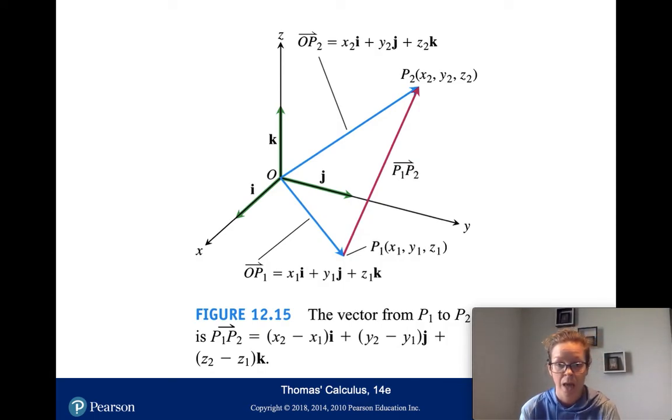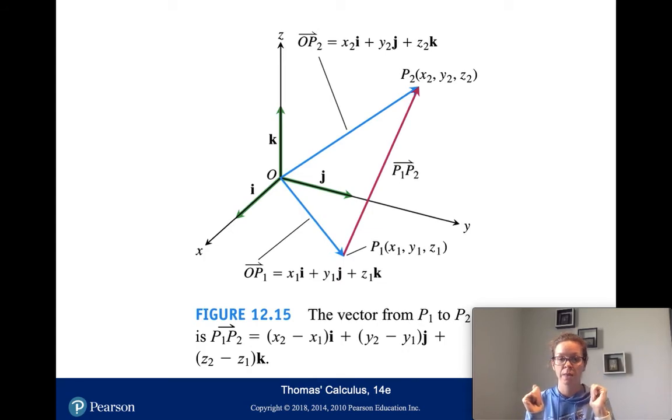i, j, and k are what we call our unit vectors in each direction. So i is the unit vector of the x, j is the unit vector of the y, and k is the unit vector of the z. So we can write a vector in those little brackets, and we could say that it's x comma y comma z.